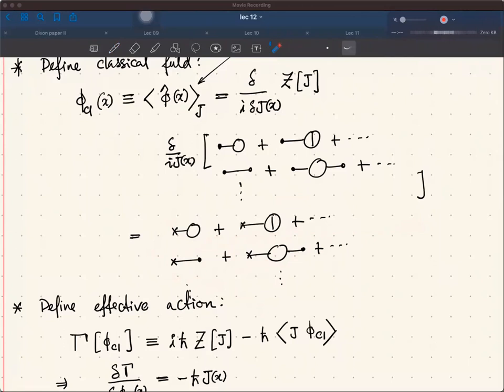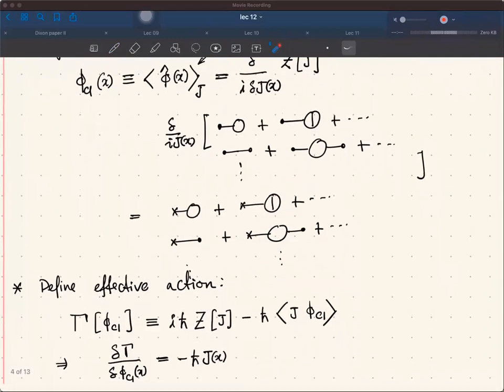For the phi cube theory, we have calculated the vacuum expectation value of the field and found that pole, which is a constant because it's a Lorentz invariant theory, and we have chosen a Lorentz invariant vacuum. So at J equal to 0, phi classical is basically the tadpole, a constant, which is the new value of the field where the potential is extremized or the effective action is extremized.